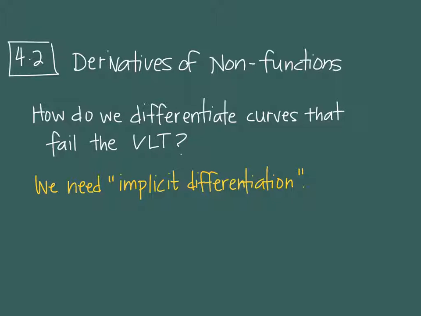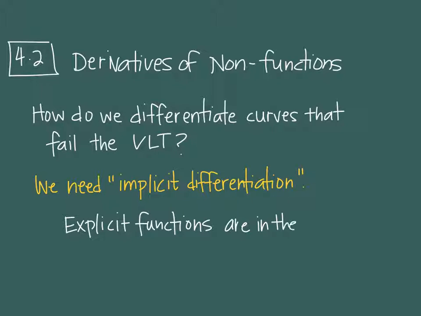It is direct. So explicit functions come in the form of y equals. That's what makes it explicit. It's y equals blank. You can put it in your calculator, you can graph it, you can differentiate it.